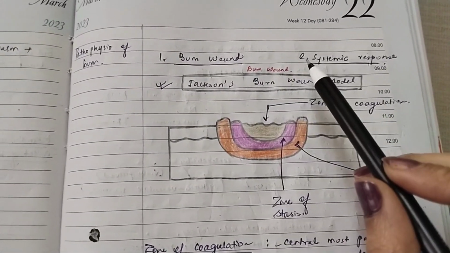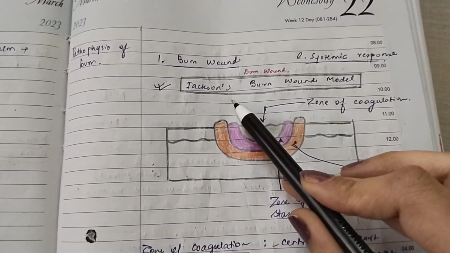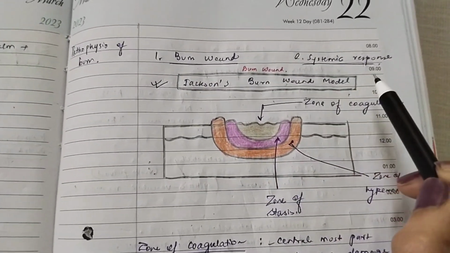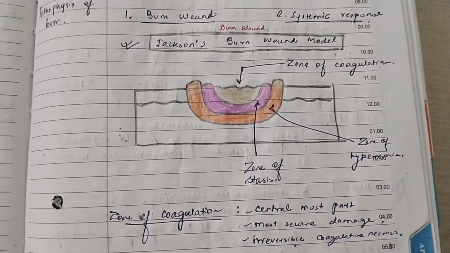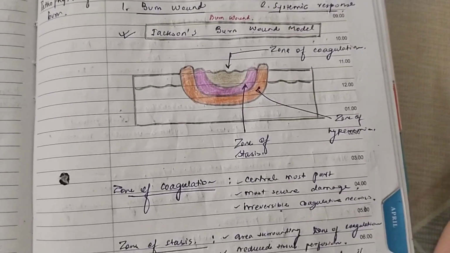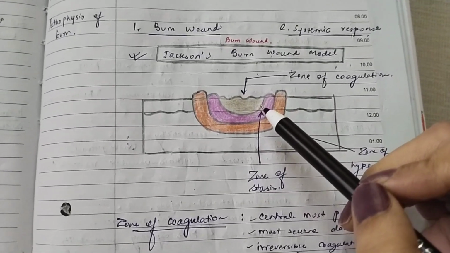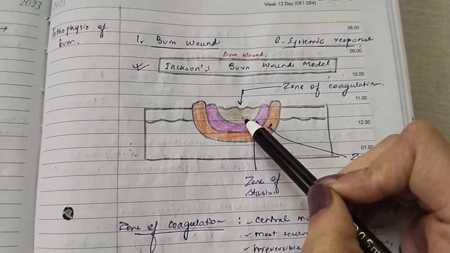This burn wound pathophysiology is explained by Jackson's burn wound model. Now, there are 3 zones in specific when you study about the burn wound model. This is a zone of coagulation.